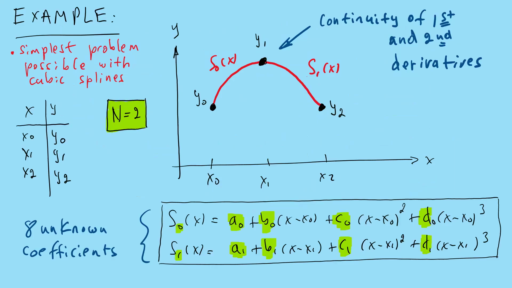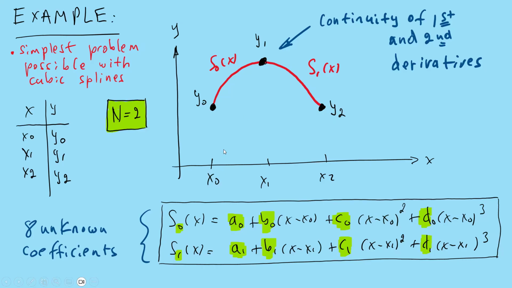Let's look at the simplest possible example of the cubic spline. Suppose we have these three data points, and therefore we have two intervals, and we need to construct two cubic polynomial functions over these three data points, S0 and S1.